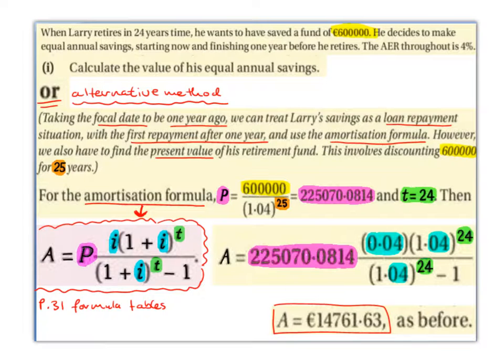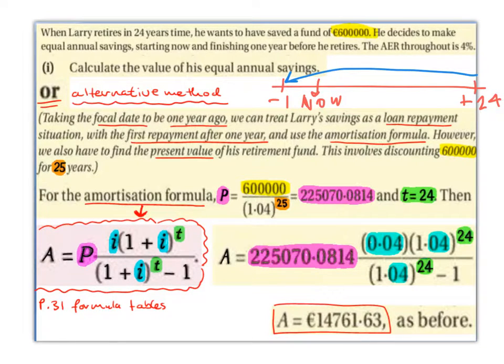This is because we're treating it like a loan repayment situation. We're not actually treating it like a fund. So P works out to be €225,070.0814. And our t is going to be 24, because remember, he's retiring in 24 years' time.